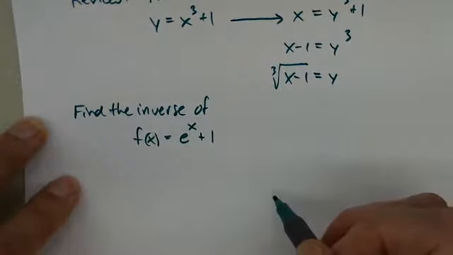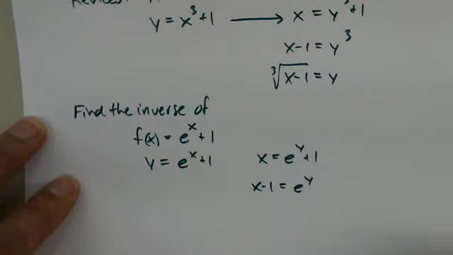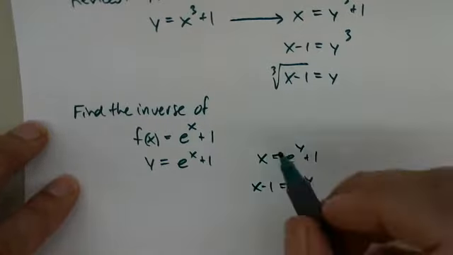So we'll rewrite it with a y, switch the x and the y, solve for y, and we can cancel the e by doing natural log of both sides.